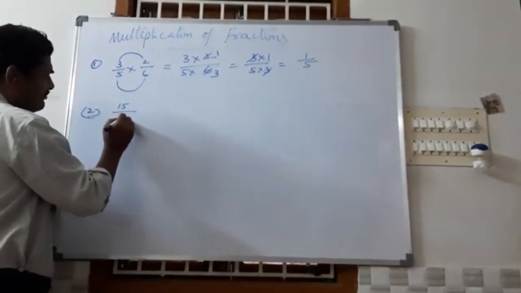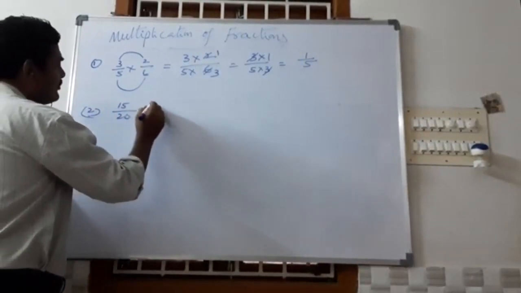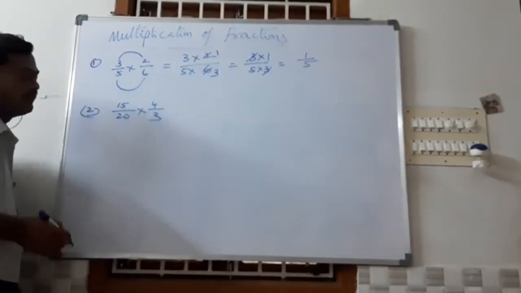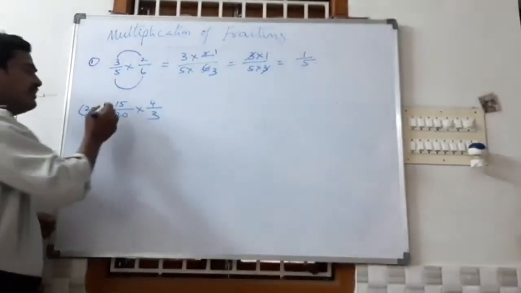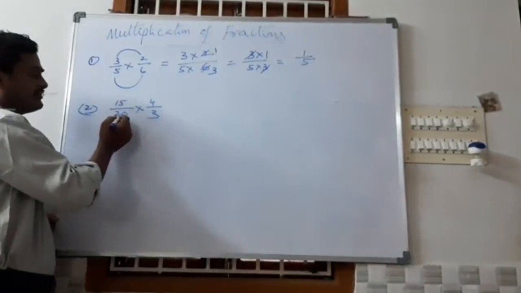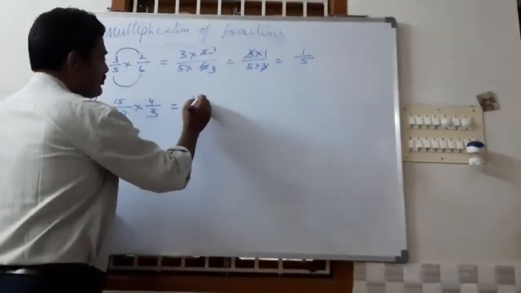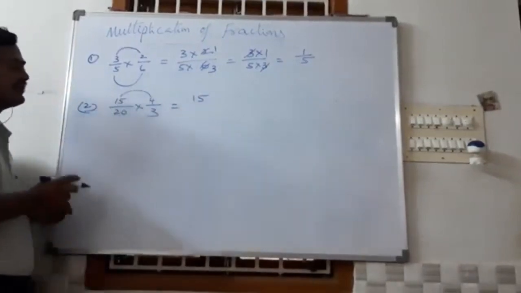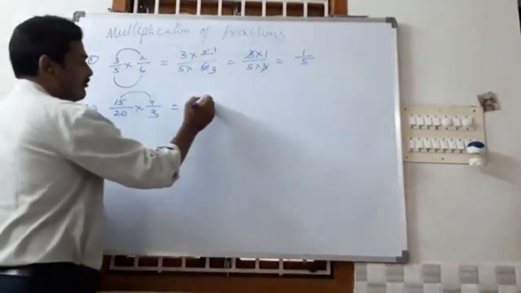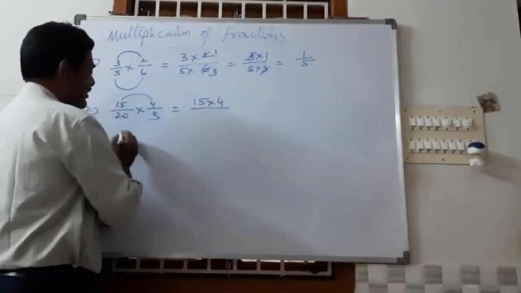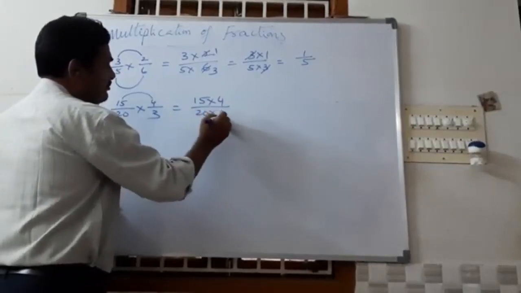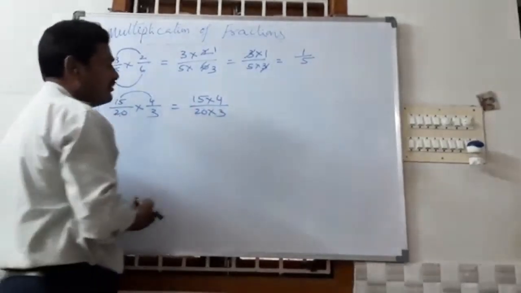Next, 15 by 20 into 4 by 3. Here 15 by 20 is one fraction and 4 by 3 is another fraction. The numerators are 15 into 4, and the denominators are 20 into 3.